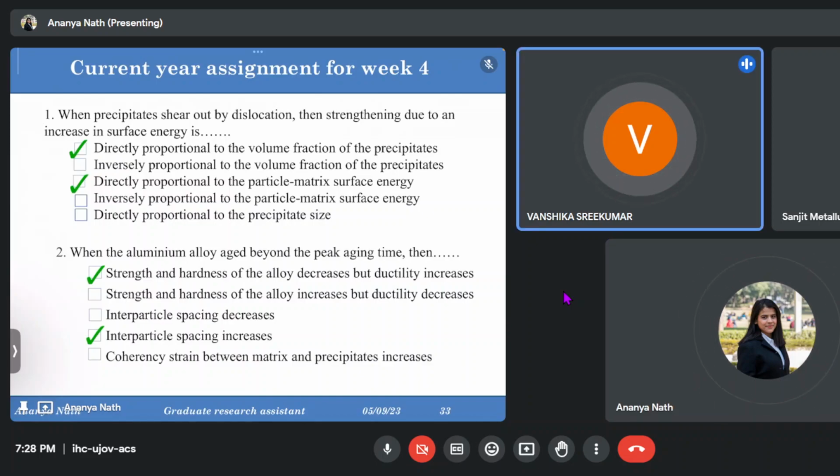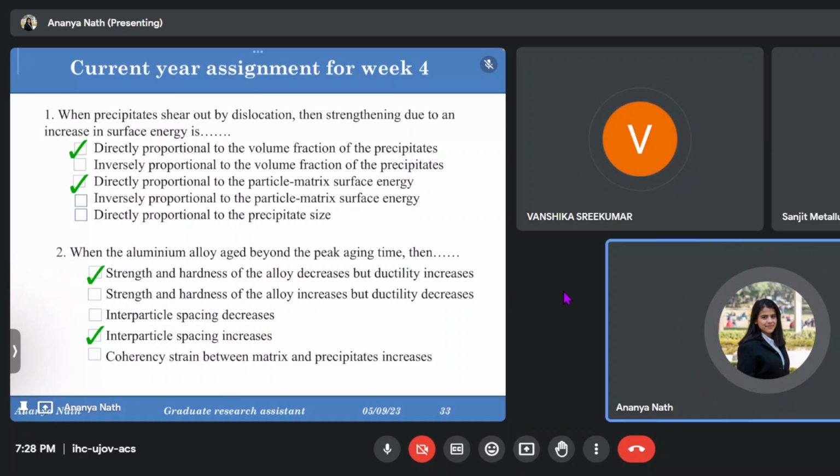Ma'am, at this time the precipitates form a lattice structure, which is a little different from the original lattice structure, is it? Yes. The precipitates are an accumulation of solute atoms, and obviously they will get bonded to each other, which means they are forming some unit cell or lattice very different from the parent lattice.